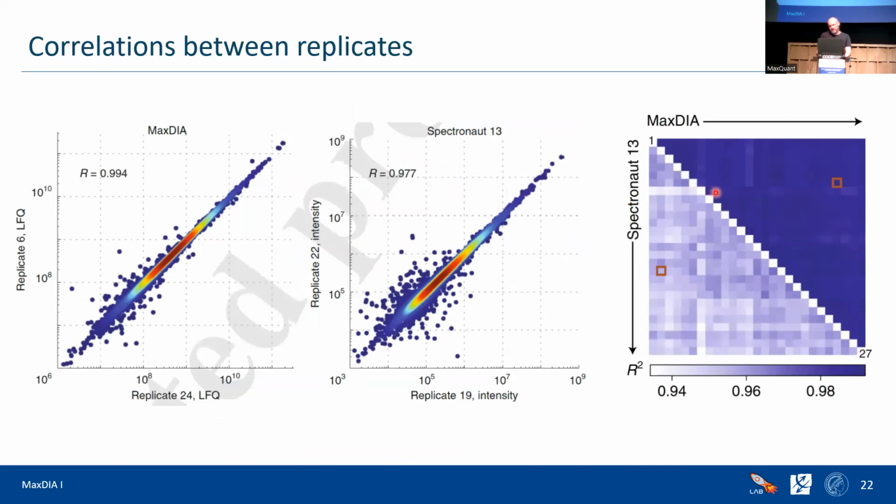This is a data set with 27 technical replicates, and you see color-coded the Pearson correlation for Spectronaut and MaxDIA between all of the pairwise combinations in the data set. And you see that we have, not on average, but everywhere, actually much higher Pearson correlation between replicates than Spectronaut.